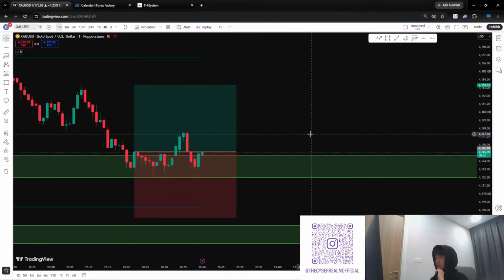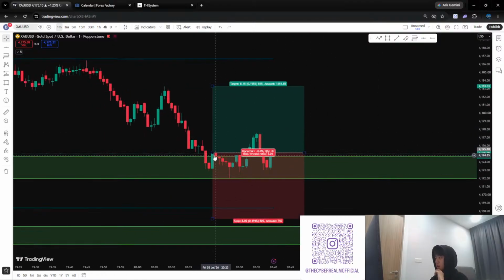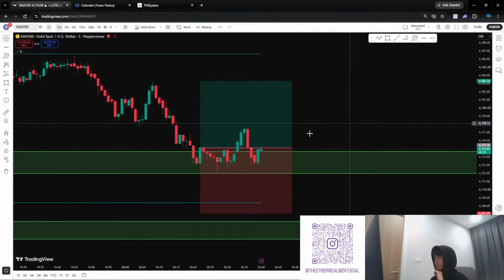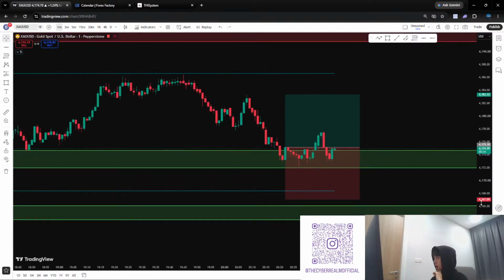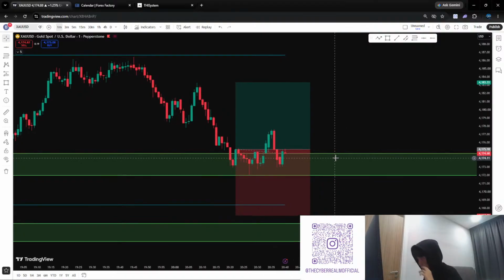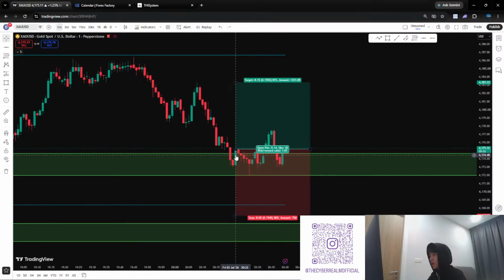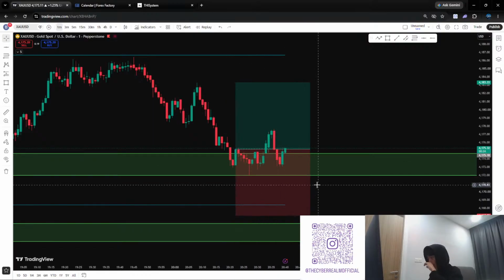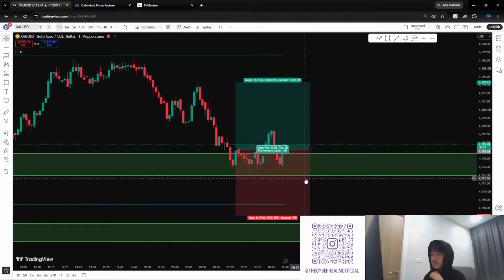Another engulfing candle has been formed at this box area. So engulfing 1, engulfing 2. Now we just need to wait for a very high push upwards for our gold to continue to fly. Price is pushing up again.